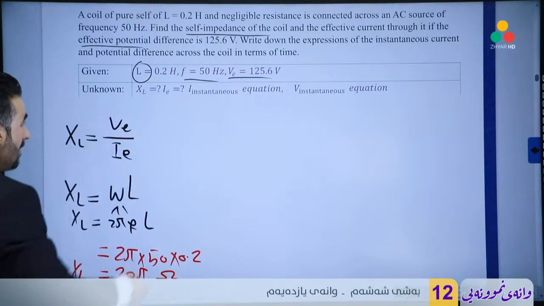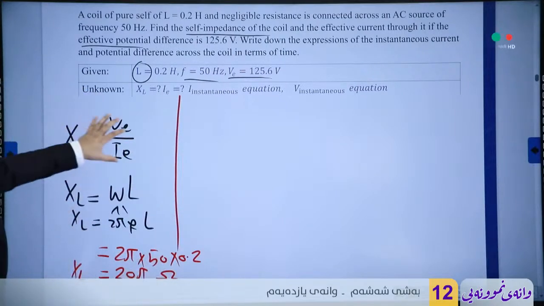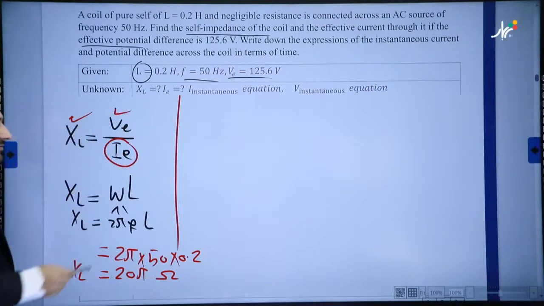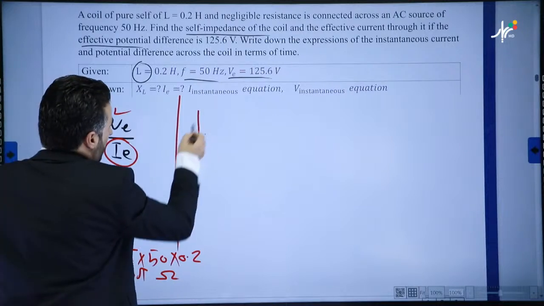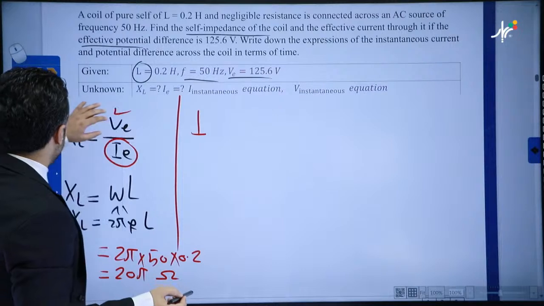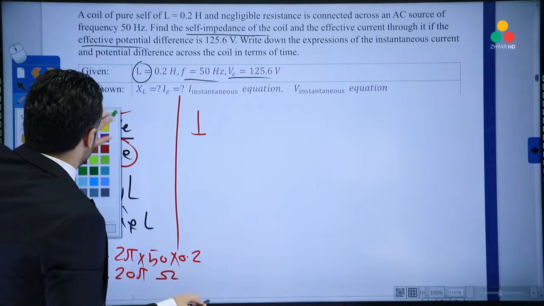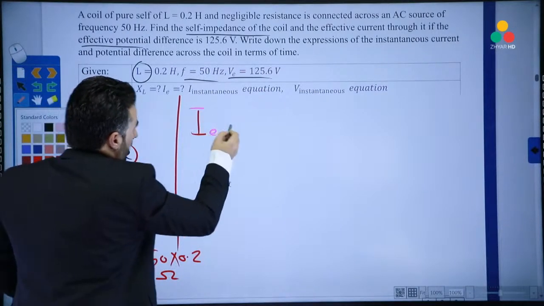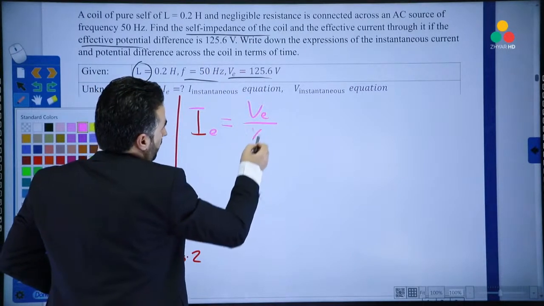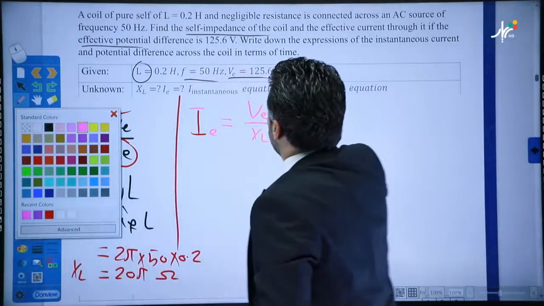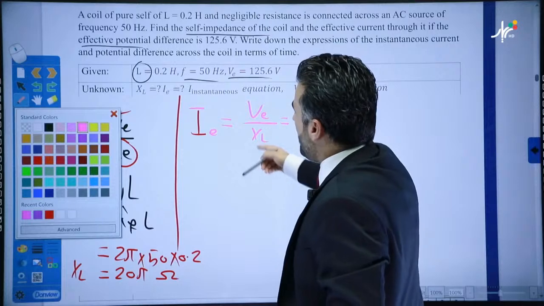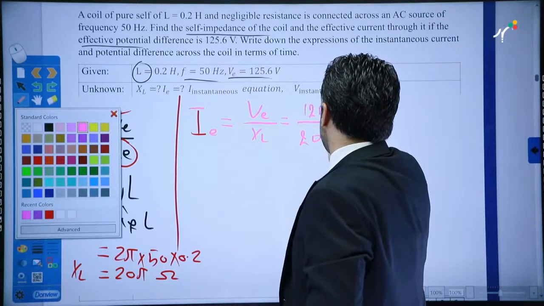Now the next part says, and the effective current. So how do I find the effective current? If you look at this equation here, I've found this one here, and I have this one. Can I find the effective current? The answer is yes. So we'll say effective current equals to the V effective over XL, which in this case is the V effective that we have, 125.6, divided by 20 pi.